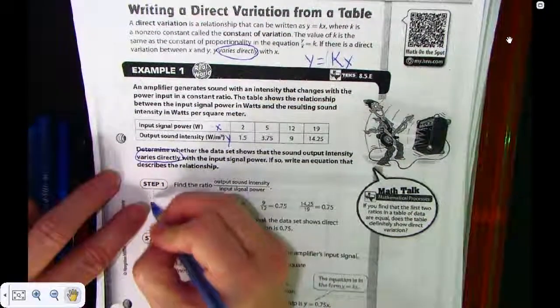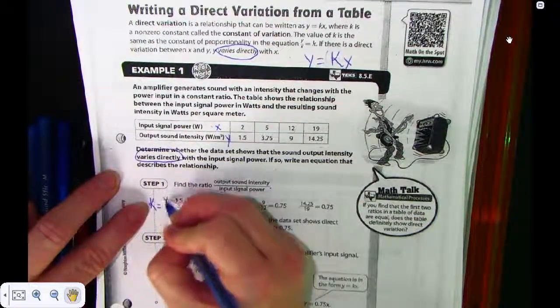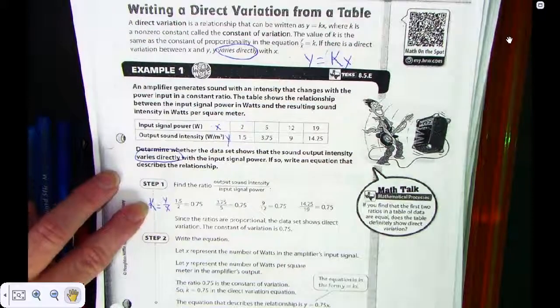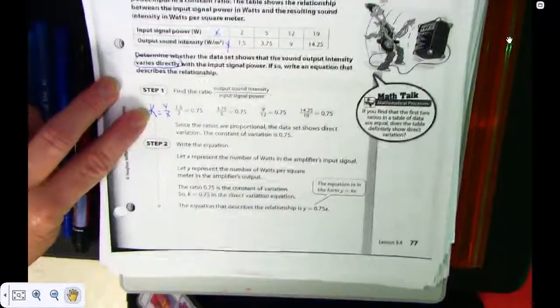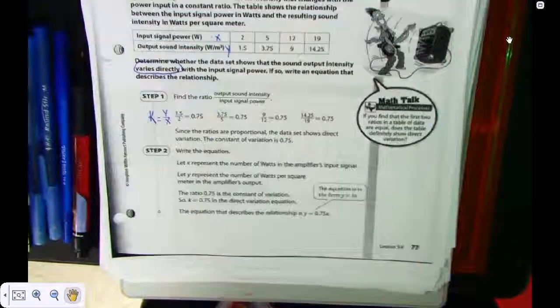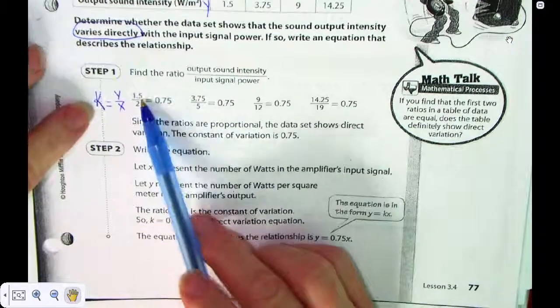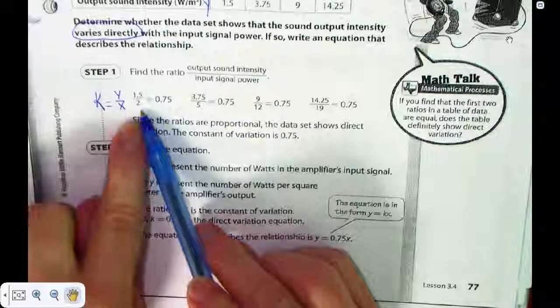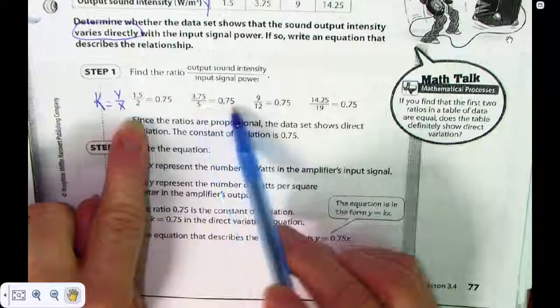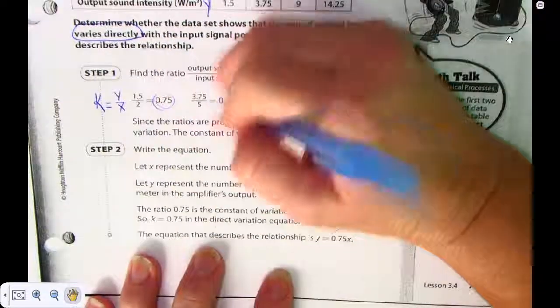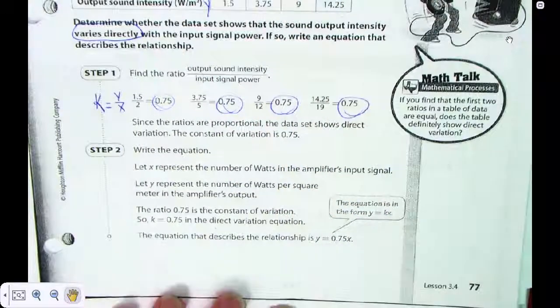So down here, write k equals y over x. And look what they did. They took 1.5 divided by 2, 3.75 divided by 5, and what did they get every time? 0.75. Everybody circle it.